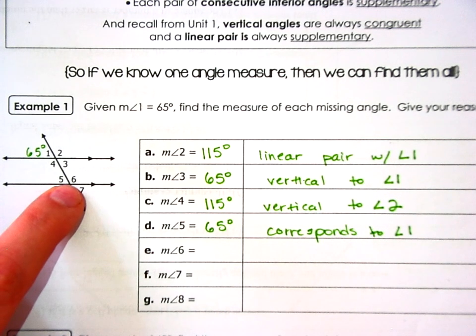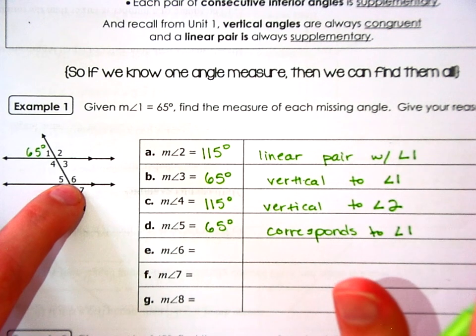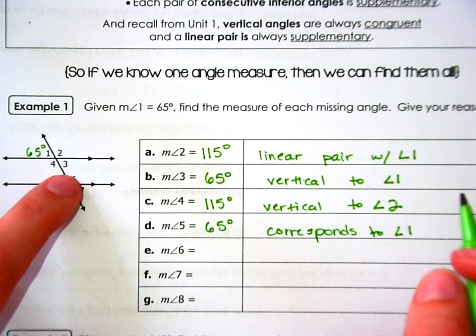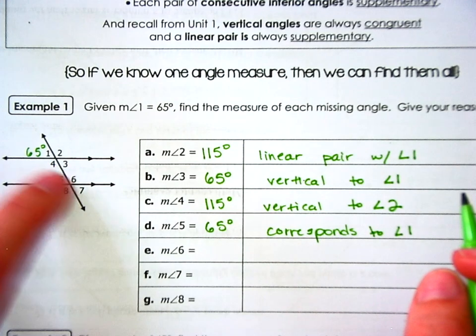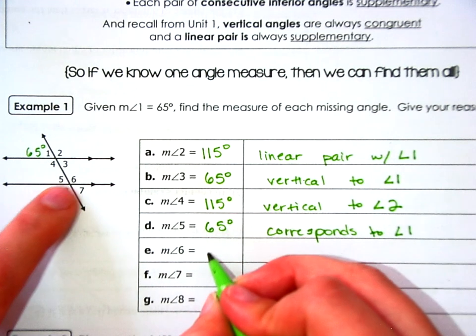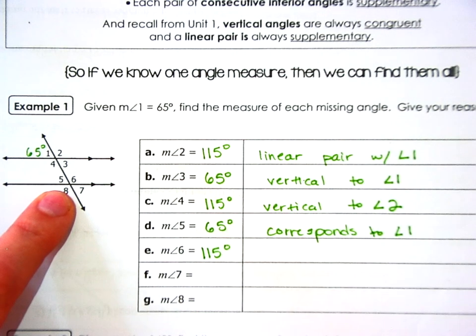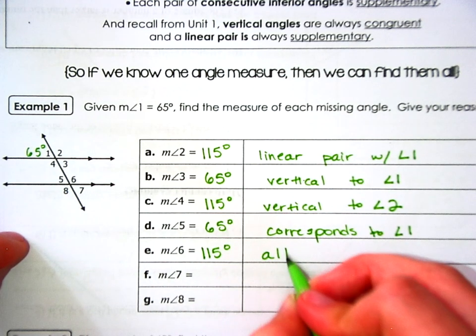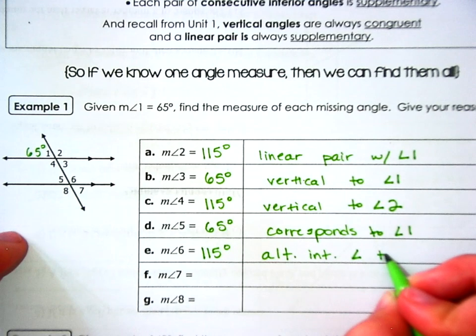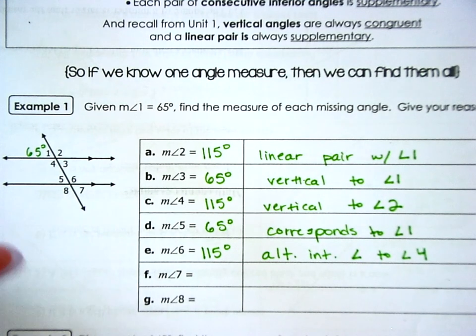Angle 6, again, tons of different reasons you can write down here. I'm going to say that it is the same as angle 4 because of our alternate interior angle theorem. So 4 and 6 are the same, so 115 degrees, and that's because it's alternate interior angle to angle 4. Again, just using my abbreviations, just make sure you have a reason written down.